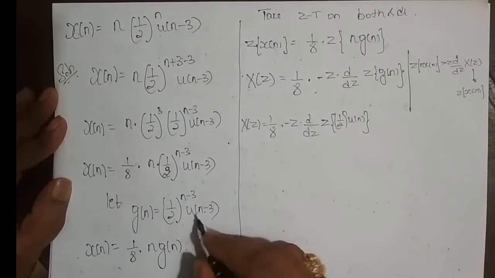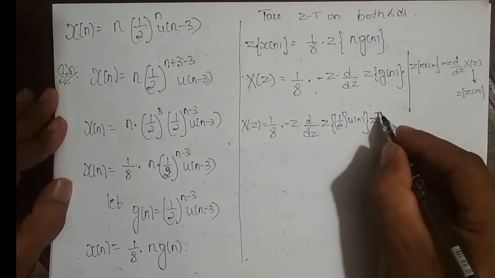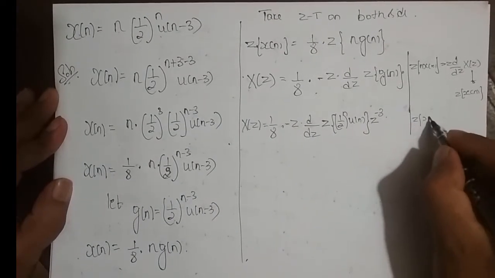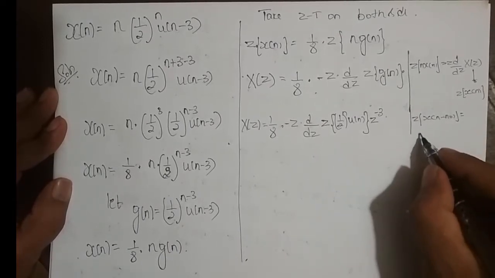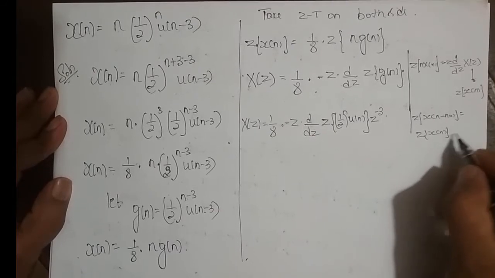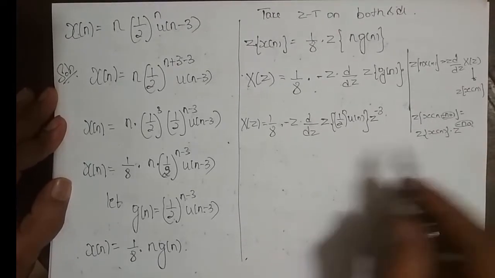The unshifted version of the signal has to be multiplied with z power, how many times it is shifted? 3 times, so minus 3. In the sense, Z transform of x of n minus n naught, the shifted version of the signal, can be written as Z transform of the unshifted version x of n multiplied with z power minus n naught. This is how I used it here.